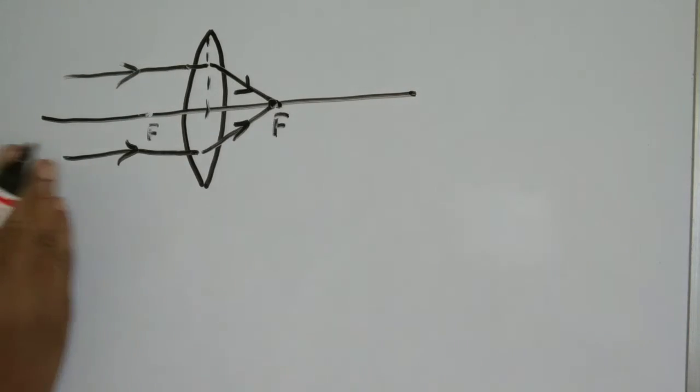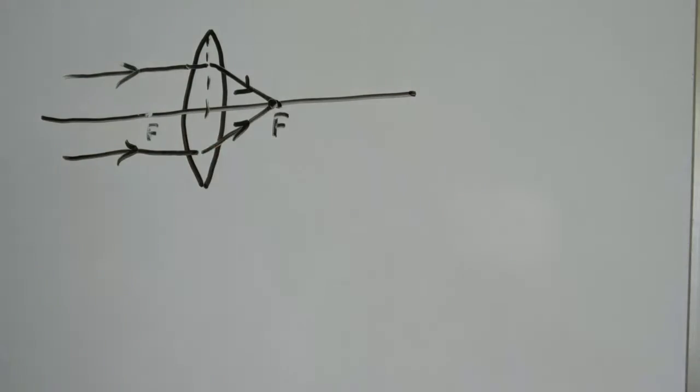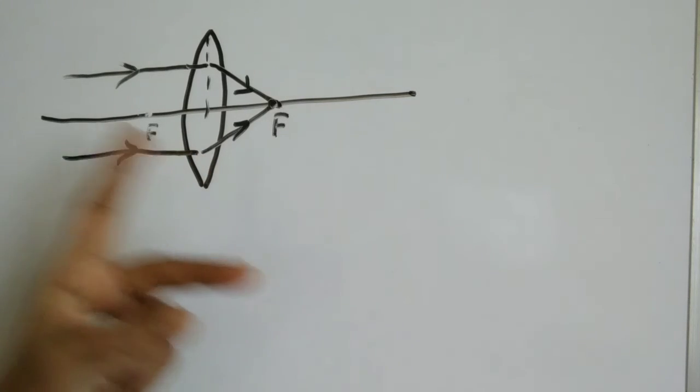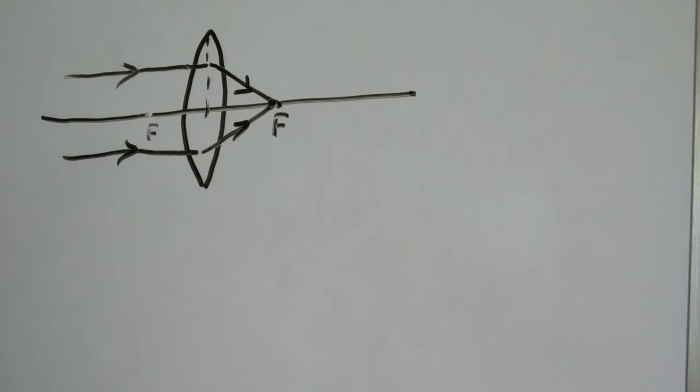That is why we are taking the rays from this side only. When the object is at infinity, we are getting the image at the focus, highly diminished.